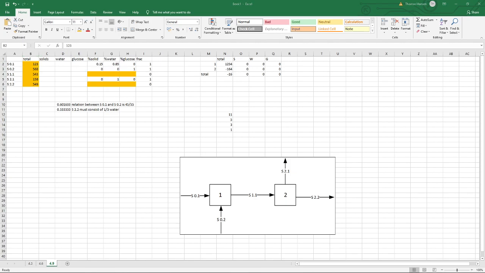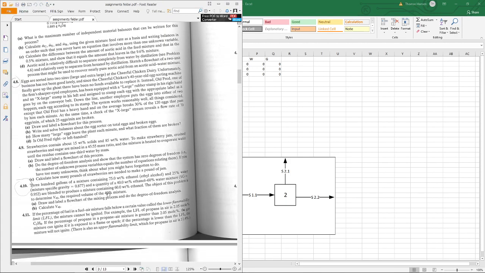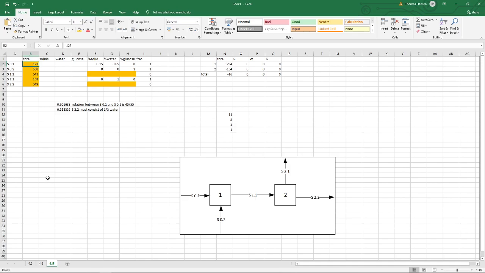In the assignment, in part C, we're told a mass that we have to solve for, to make a pound of jam. So if we go to our jam stream 2, let's see what happens if we put in a 1 there. I haven't tried this one, so we don't know if it'll work. I just have to mark it in green. We have now decided the value of this cell.